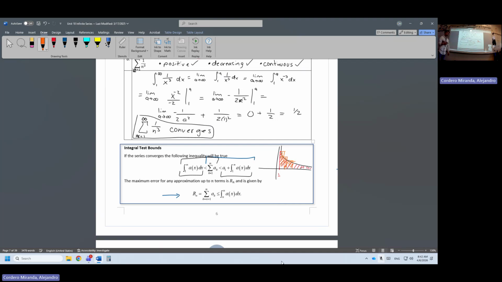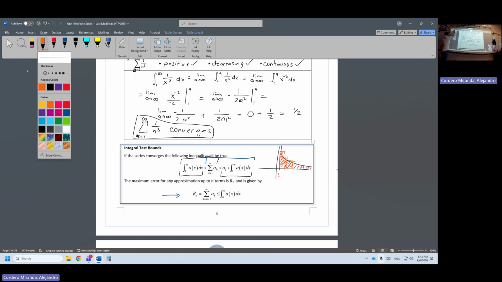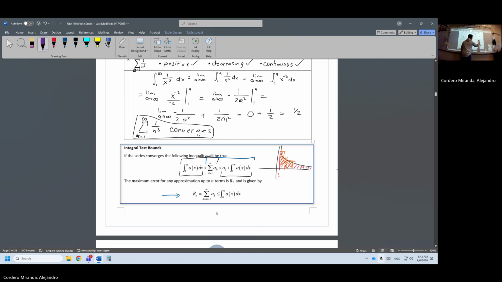This purple area is the value of the sum. You see what I'm saying? If I plug 1 into my function, that's the first term in the series, and if I plug in 2, that's my second term, et cetera. So this purple left Riemann sum is the value of my series. So it's very clear to see that the purple is bigger than the red in that case.